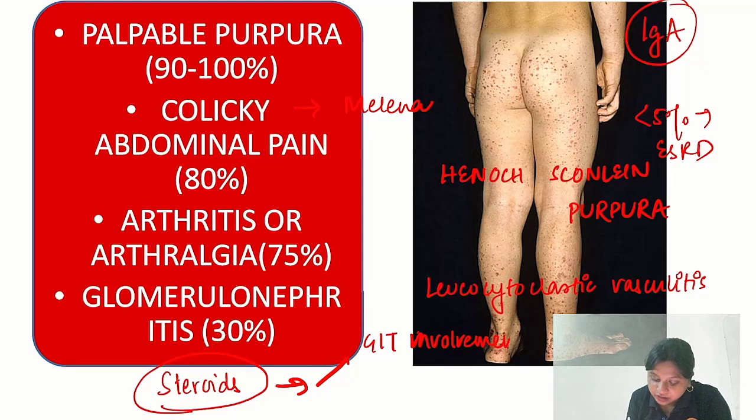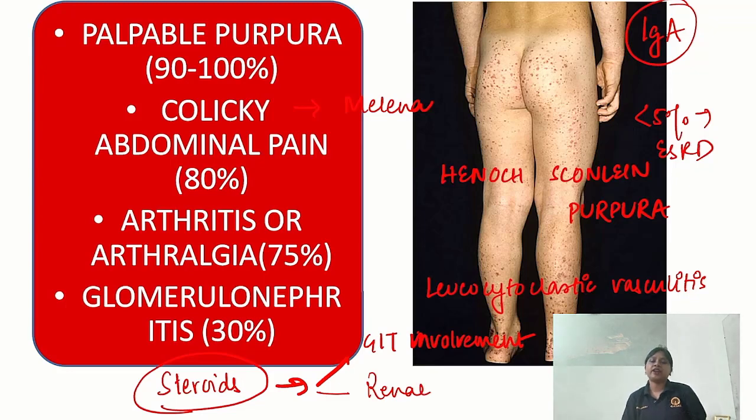So whenever the child complains of colicky abdominal pain, there is going to be melena, intussusception, rectal prolapse, etc. So in GIT involvement we give steroids, and also in case of renal involvement. So renal and GIT are the two organs where steroids are indicated in a child with Henoch-Schönlein purpura. Majority of the cases are self-limiting, so you just need to counsel the parents. You do not need to worry about this.